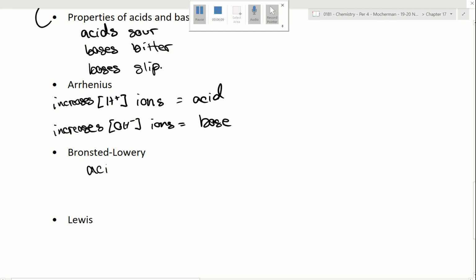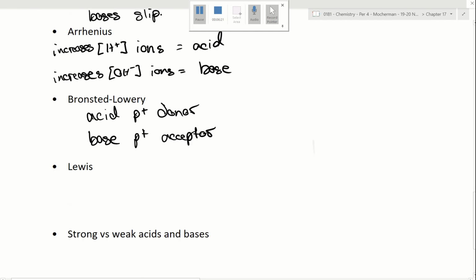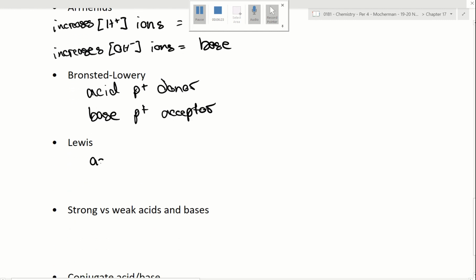Bronsted-Lowry: an acid is a proton donor, and a base is a proton acceptor. Lewis is looking at electron pairs in reaction. So an acid is an electron pair acceptor, and a base is an electron pair donor.